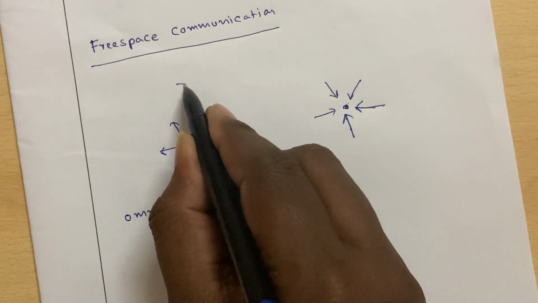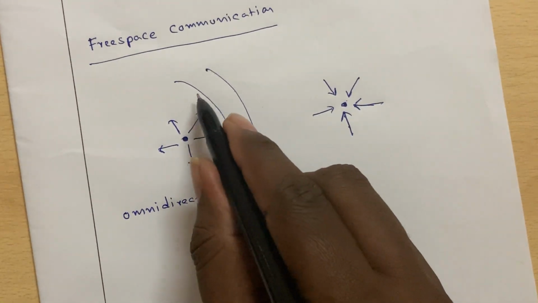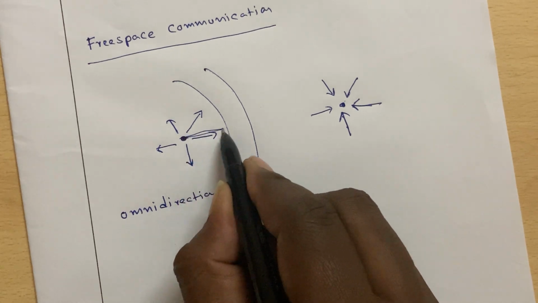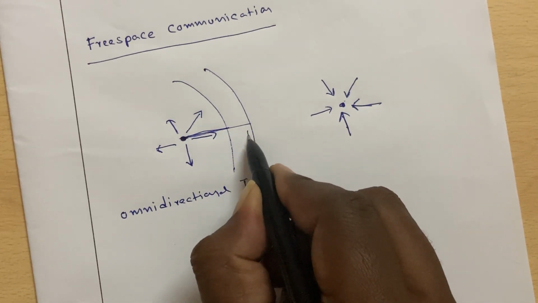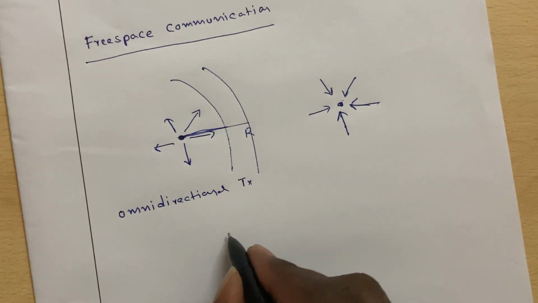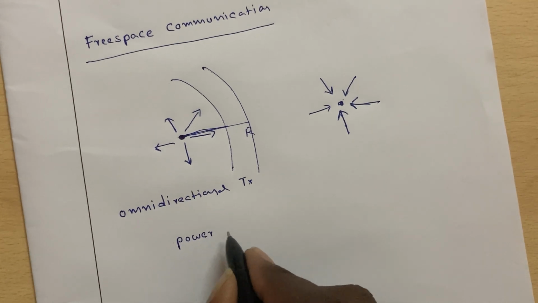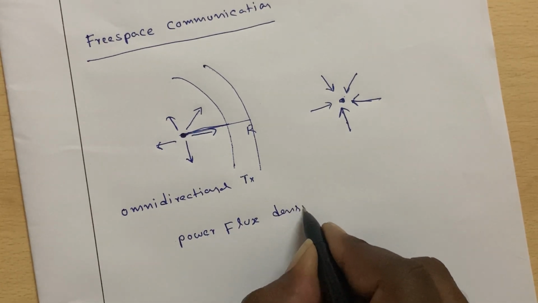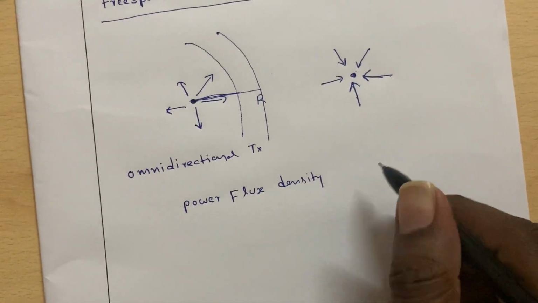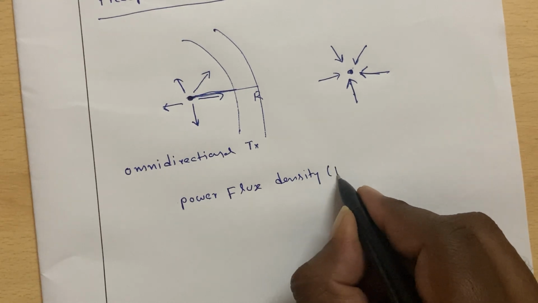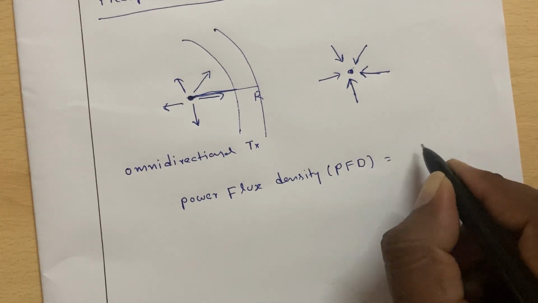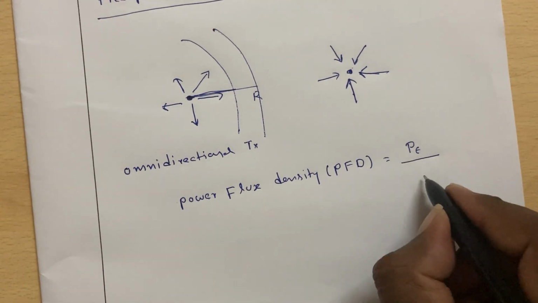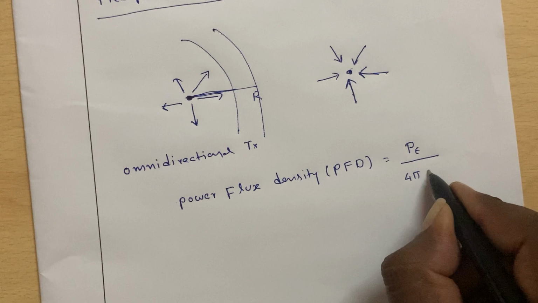As it goes outward, the power flux density reduces. As the distance increases, at distance r, the power flux density, which we can call PFD, is equal to PT divided by 4 pi r square.